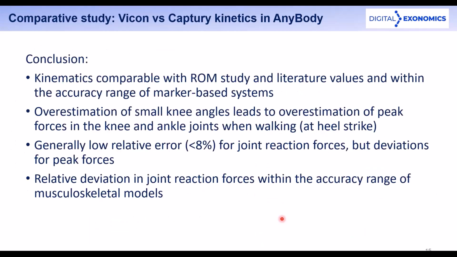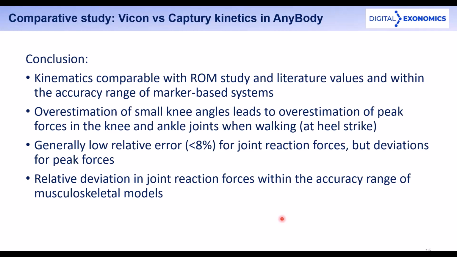So to conclude, the kinematics from the second study are basically comparable to our first study and also to literature values. And with most or some of the errors, we are actually within the accuracy range of marker-based systems.